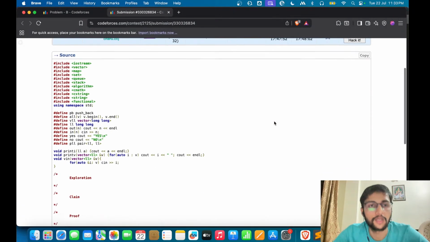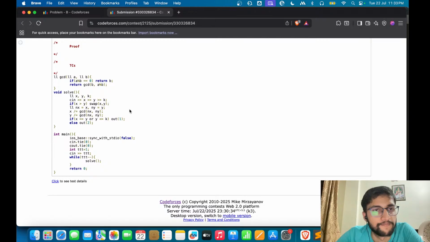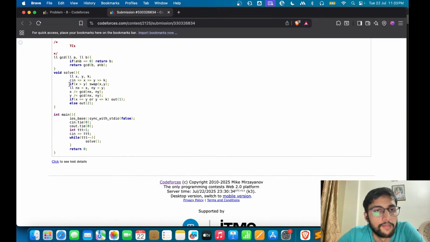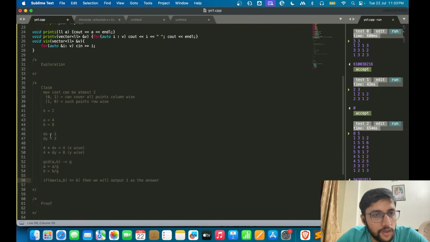So if we see the code for it, here I did this because I wanted to ease implementation, so I am forcing y to be greater than x, and this is basic. I should have taken g.